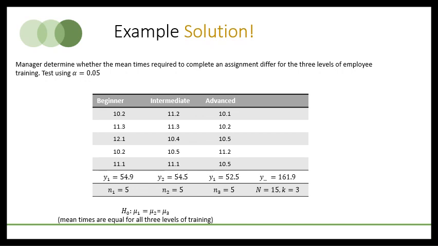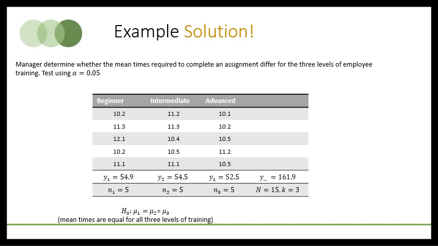So, based on the values given in this example, we can determine the total for the beginner, which is 54.9. The score for the intermediate is 54.5, and the score for the advanced, for the 5 samples in the advanced group, is 52.5.